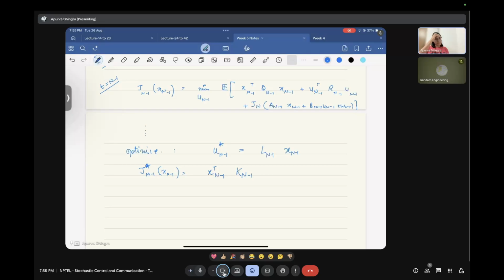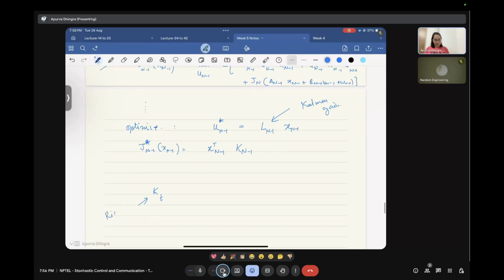This is called k because it comes up in the theory of Kalman filters also. This one is called the Kalman gain. The exact form of k, not k in general but k t, is called the Riccati equation.